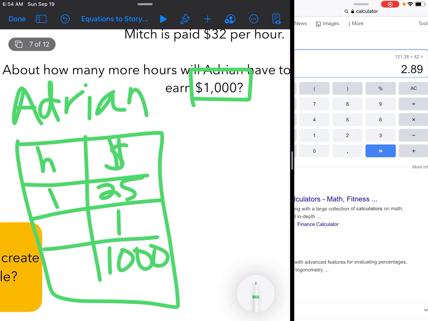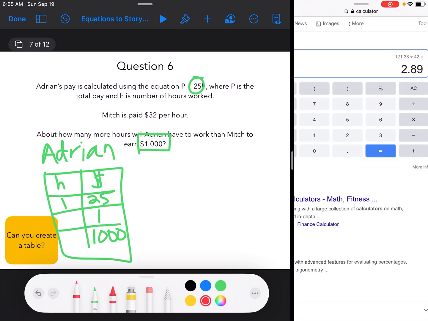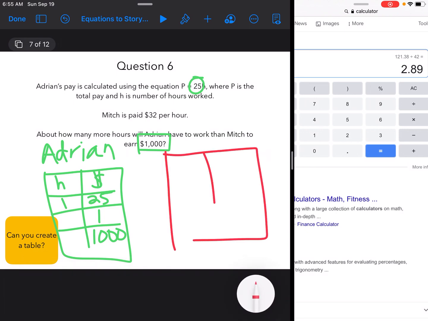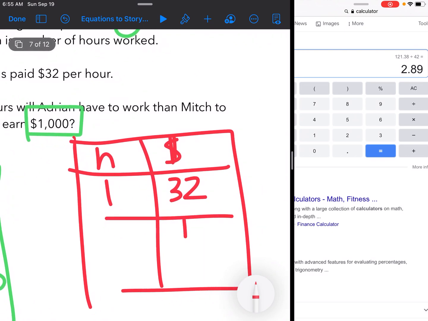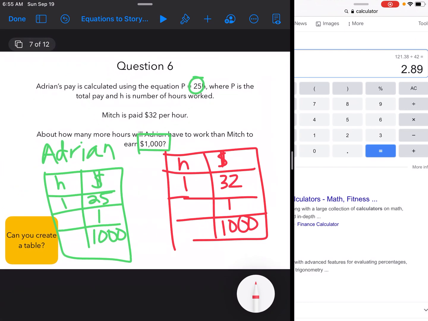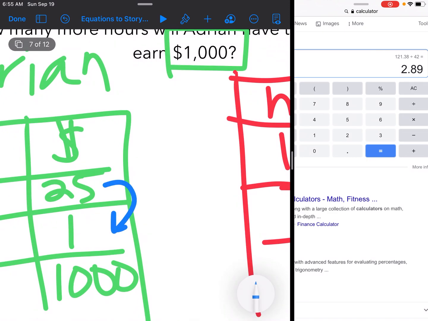So I'm going to have to add a 1 to the right-hand side, because I'm trying to figure out how do I get from 1 to 1,000. And then in the other person, I know Mitch made in 1 hour $32, and I have to figure out the same thing, how long it's going to take him to get to $1,000. So I'm going to use my table to my advantage. I'm going to figure out what it is for $1.